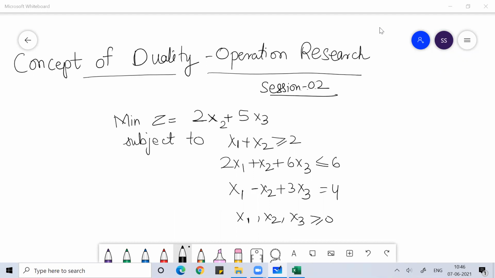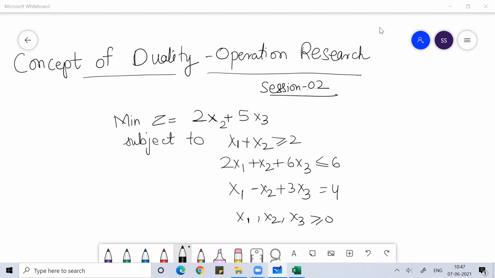If the primal has a minimization objective, then the dual is going to have a maximization objective. Next, depending upon the number of constraints the primal has, that many decision variables we introduce for the dual.